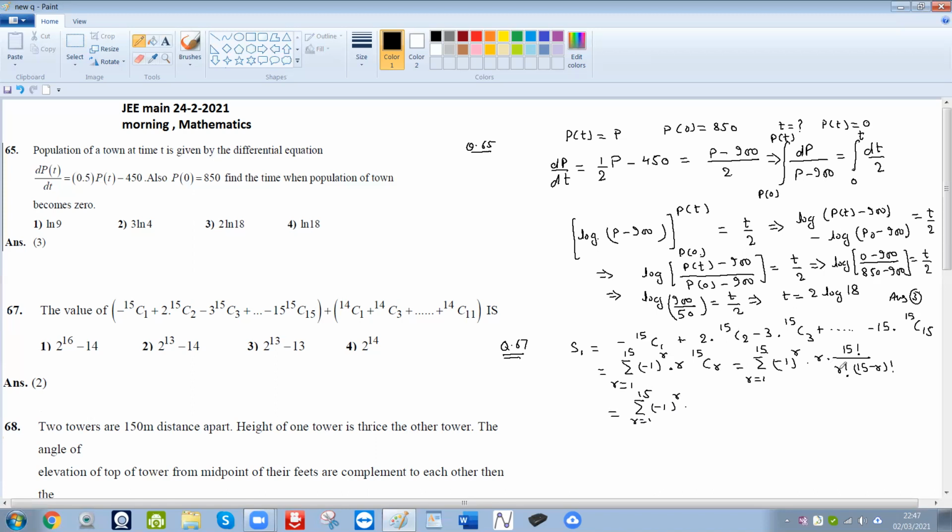This r I am adjusting here and I am taking 15 outside the factorial. So after adjusting, the denominator becomes r minus 1 factorial. Numerator becomes 15 into 14 factorial. This is the standard adjustment that is carried out for adjusting an extra r multiplied with the combinatorial coefficients.